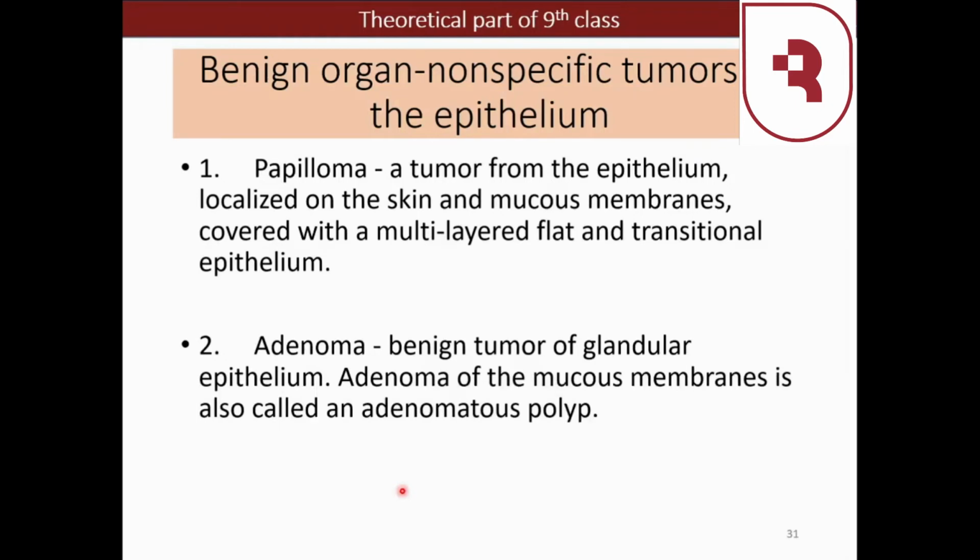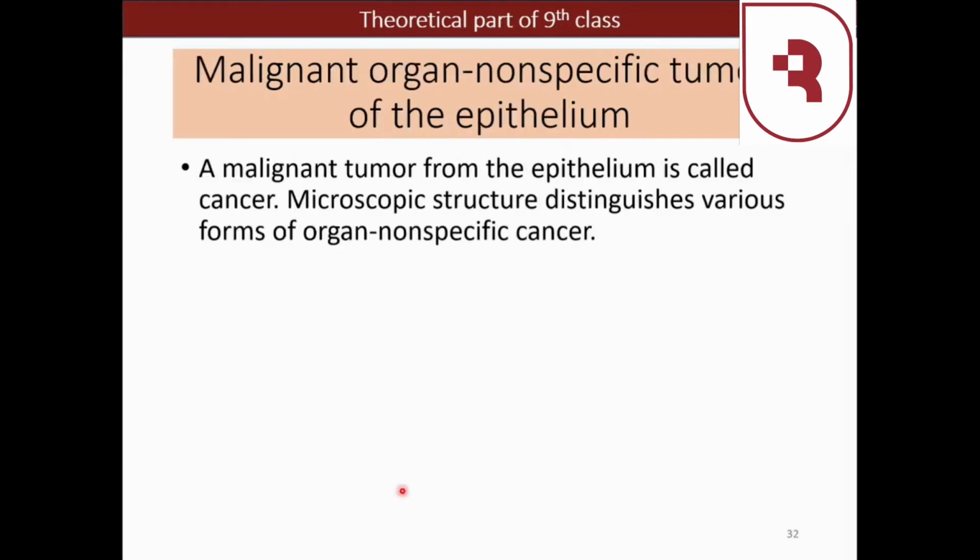And adenoma is a benign tumor from glandular epithelium, and it may grow in different organs. Sometimes we call adenoma an adenomatous polyp. It is the same definition.